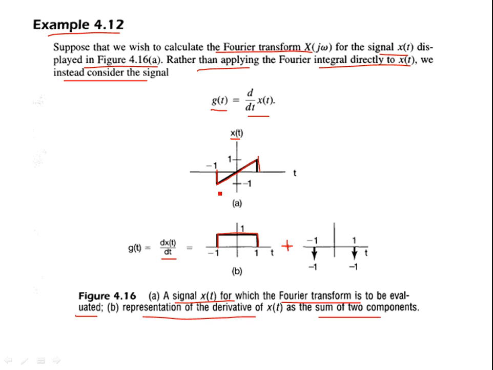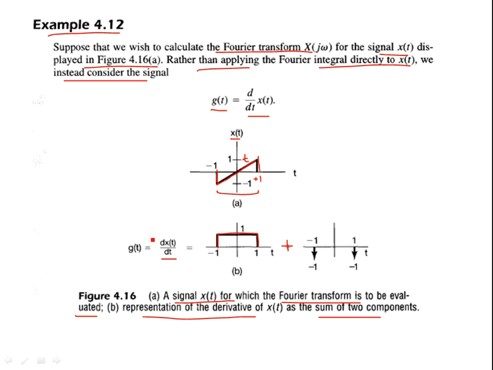In one part the gradient is positive and constant, and you can see this gradient is 1. This function is from -1 to +1, where x(t) is t, so the derivative is 1. But at ±1, where there are abrupt jump discontinuities, we'll have delta functions.